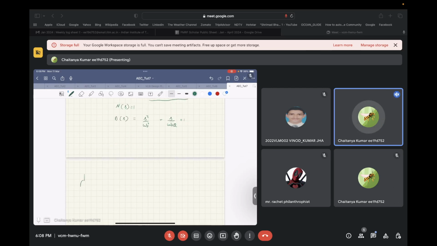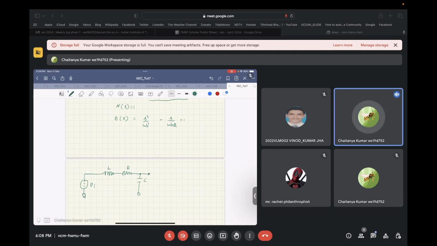So let's say I have a voltage source which is Vi, and I have basically a capacitor, an inductor, and a resistor. Okay. So let the value of this inductor be L, the value of this resistor be R, and the value of the capacitor be C.